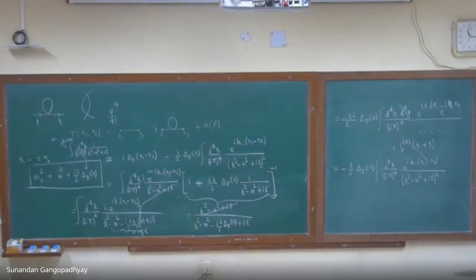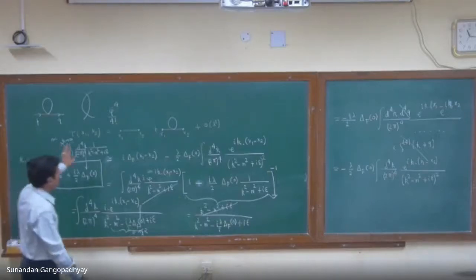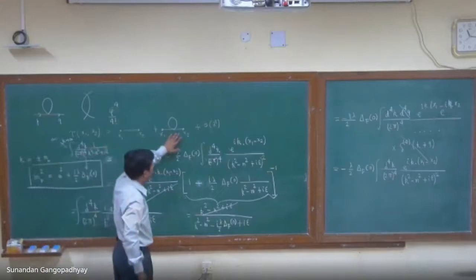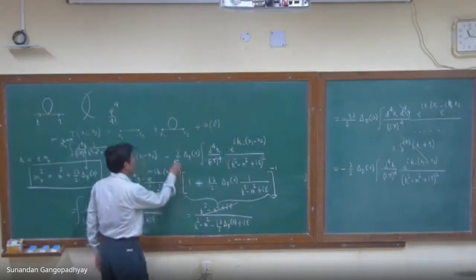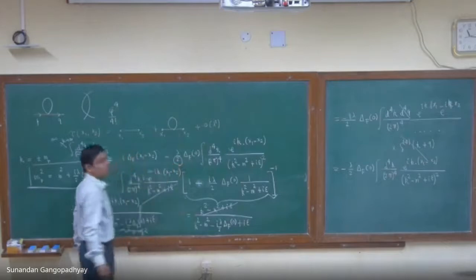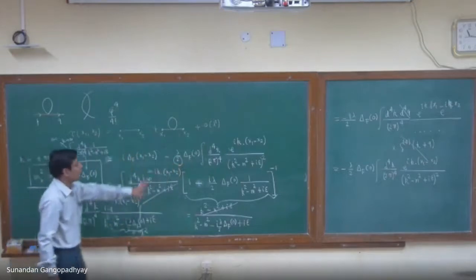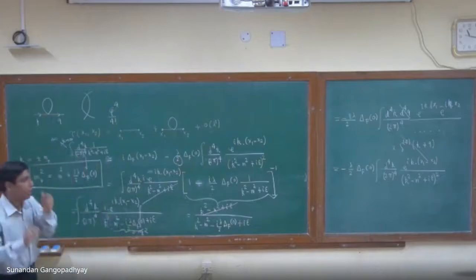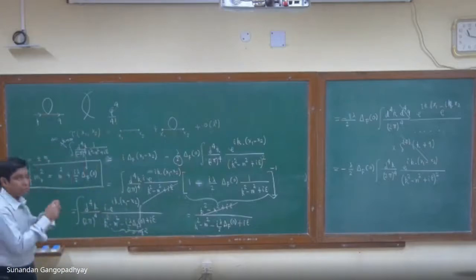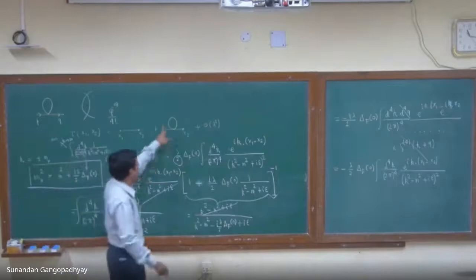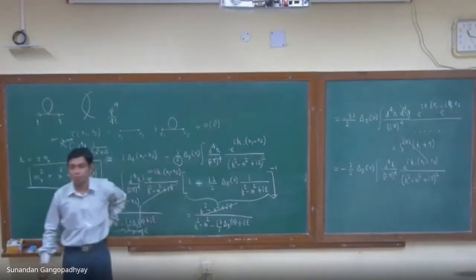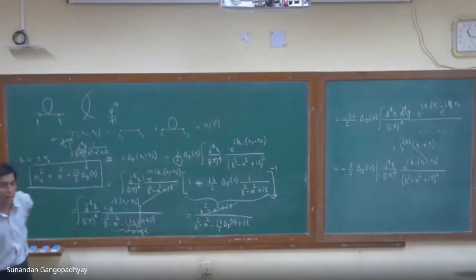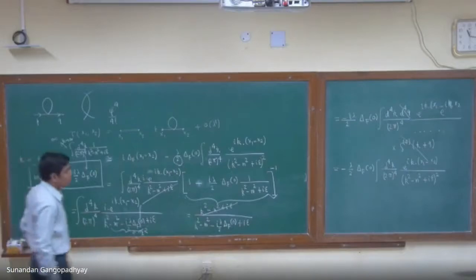And when we wrote down the value of this diagram, we took care of the symmetry factor, which is 2. How do you get the factor of 2? Whenever you have a loop, a propagator which ends at the same point, you have a factor of 2. This is the symmetry factor of this diagram. So that is not a problem.